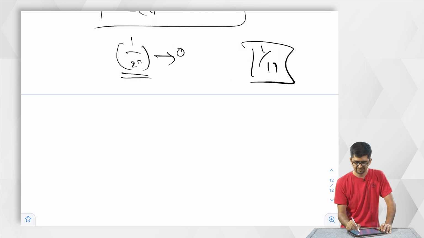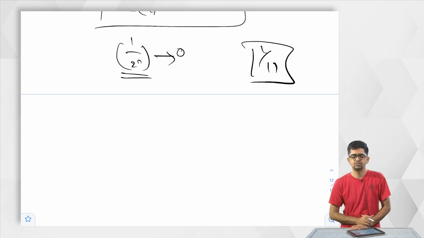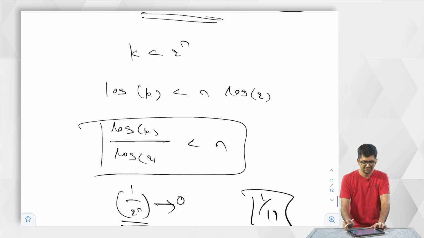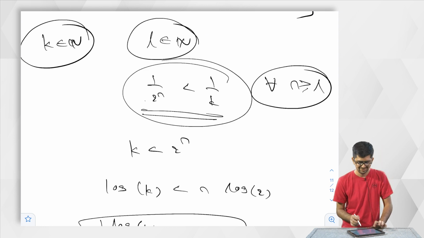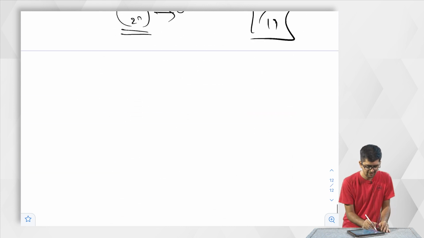So, the sequence cannot converge to 1 by 19, there is a large gap. So, this is one possibility, and how do I know that this is true? Again the same trick. Once I get a nice bound in this way, checking for convergence is actually easy. How do you do that?